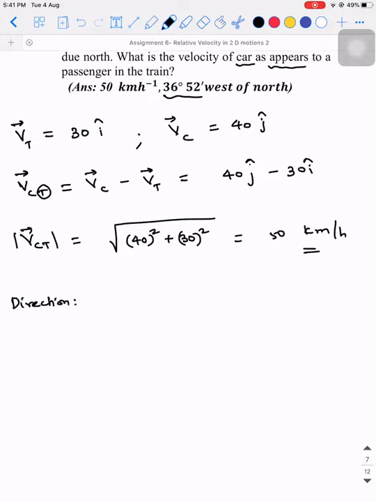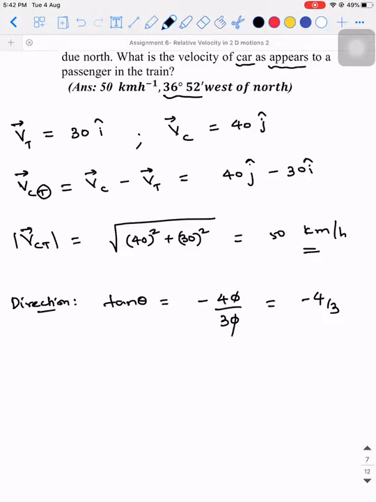So direction, tan theta is equal to what? 30/40. Tell me properly. 40/30, sir. It is minus 40/30. Right? So this and this will get cancelled, minus 4/3.